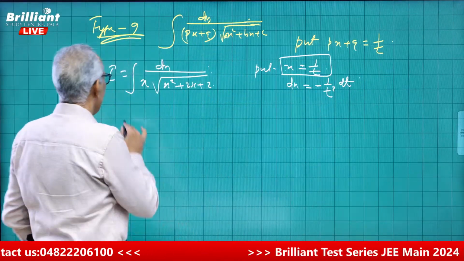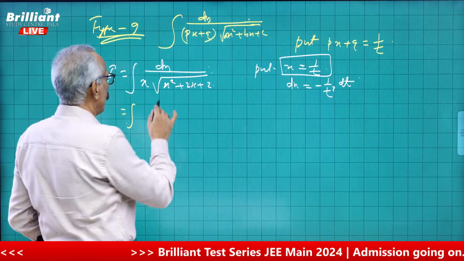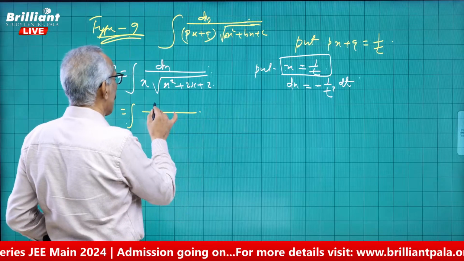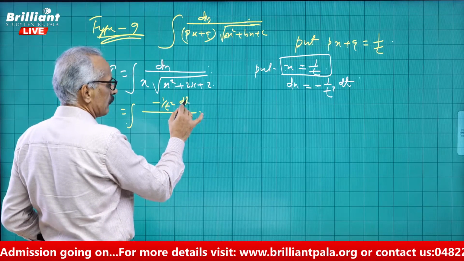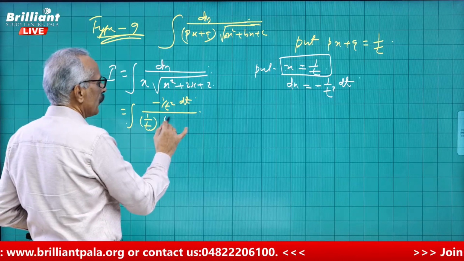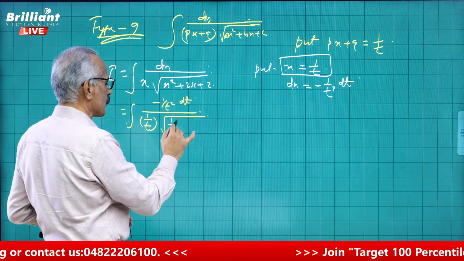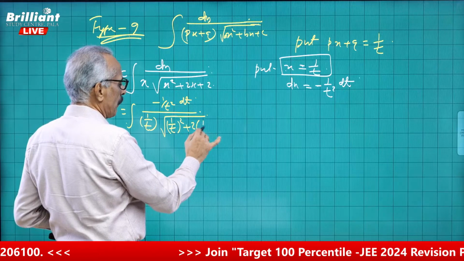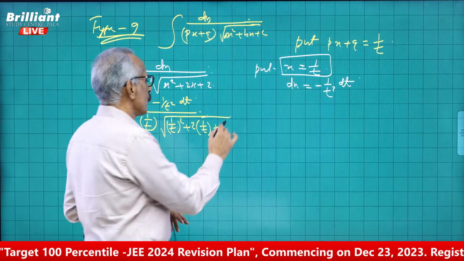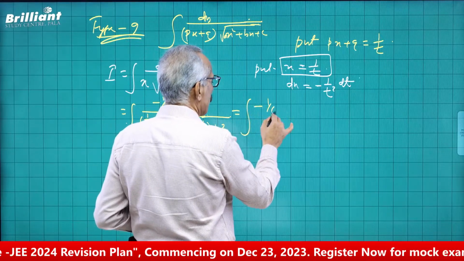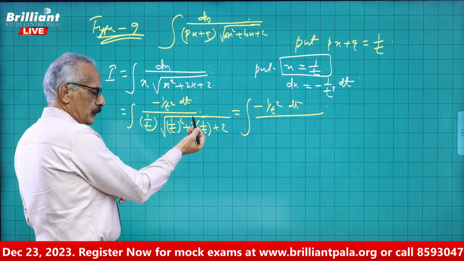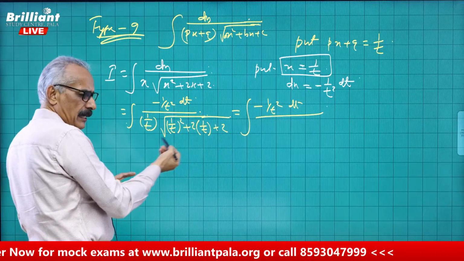This is equal to the integral of 1 divided by dx, first of all dx is minus 1 by t square dt. x means 1 by t, into root over x square, that is 1 by t the whole square, plus 2 into 1 by t plus 2. So this is integral minus 1 by t square dt divided by, look, this is 1 by t square, this is 2 by t, this is 2, LCM is t square.